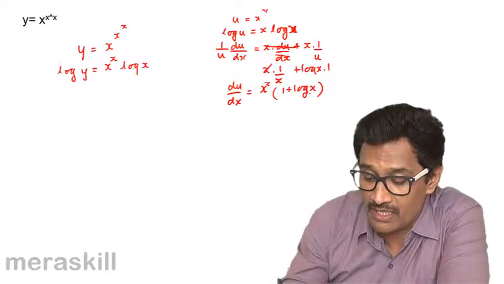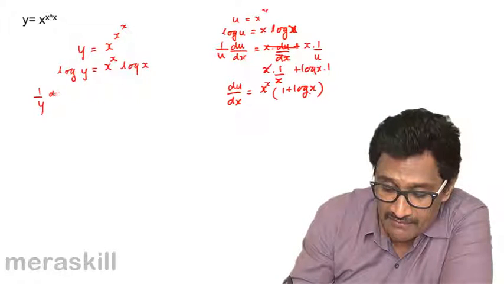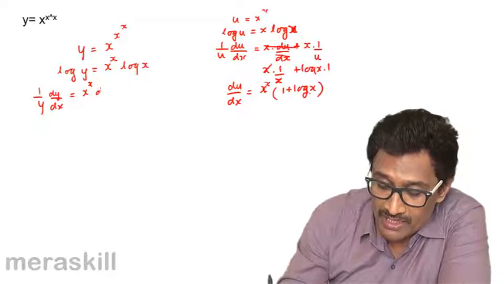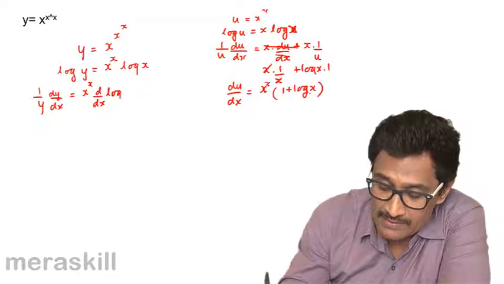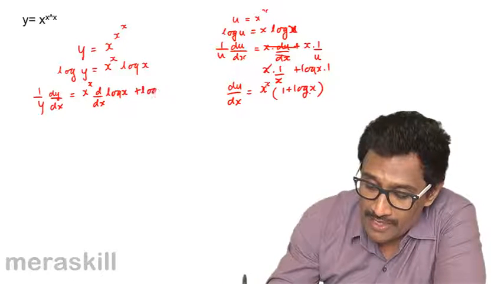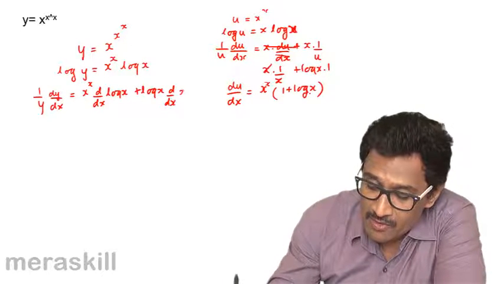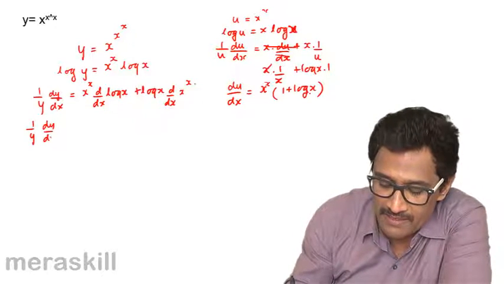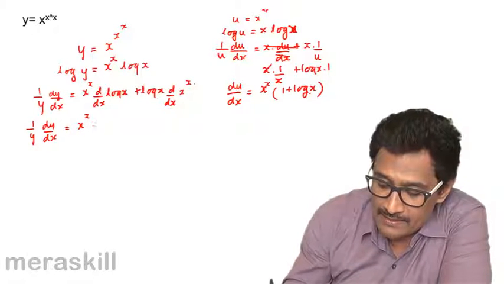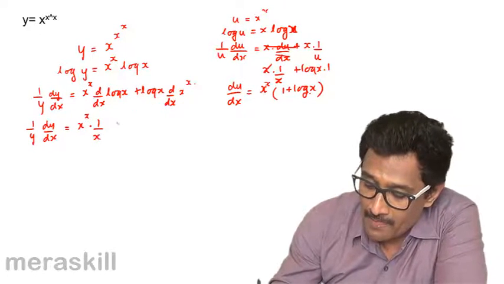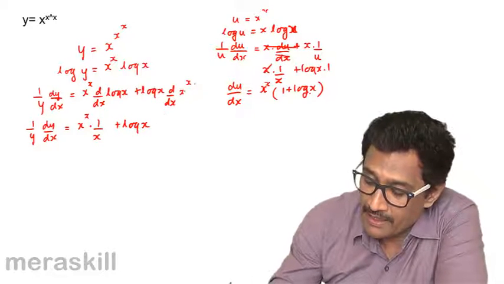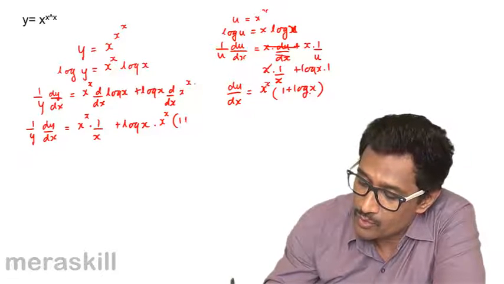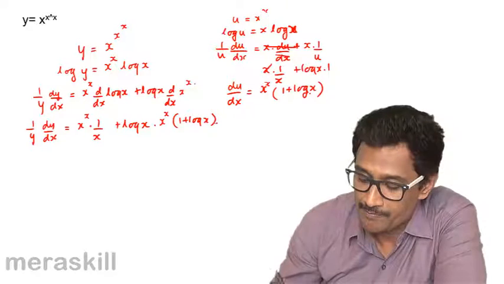Now here we do the same thing. So this will become 1 by y dy by dx, x raised to x into d by dx of log x plus log x into d by dx of x raised to x. Now 1 by y dy by dx remains as it is. Let's simplify this. x raised to x into 1 by x plus log x, and x raised to x, we already found the derivative is nothing but x raised to x into 1 plus log x, right?